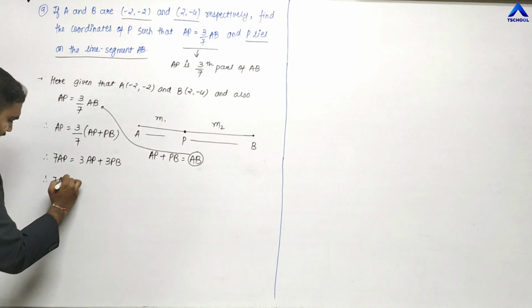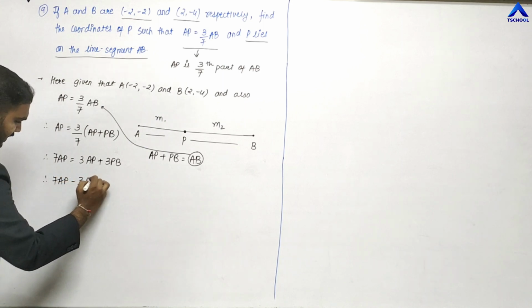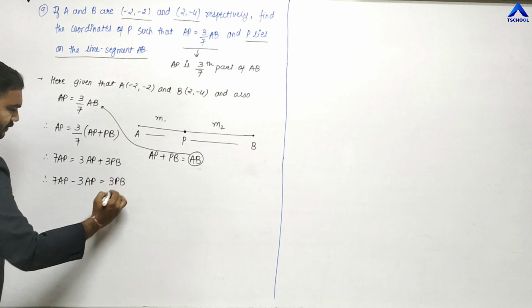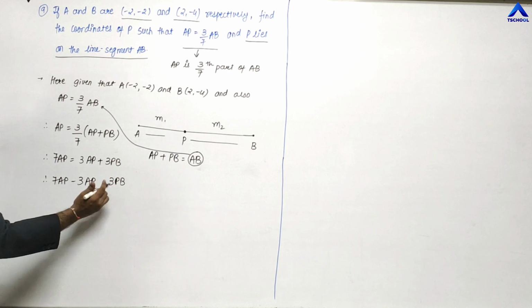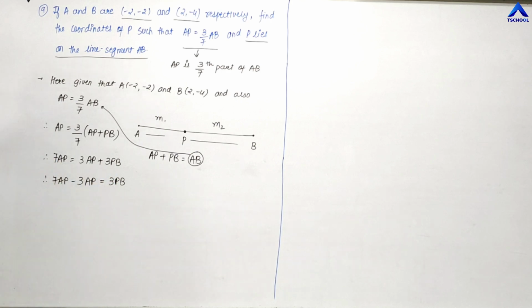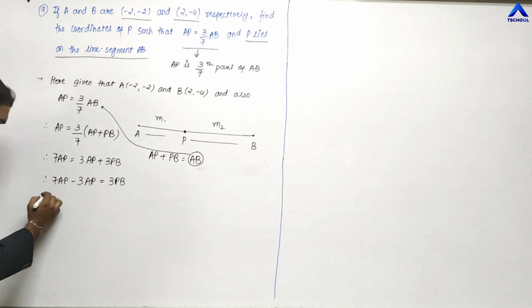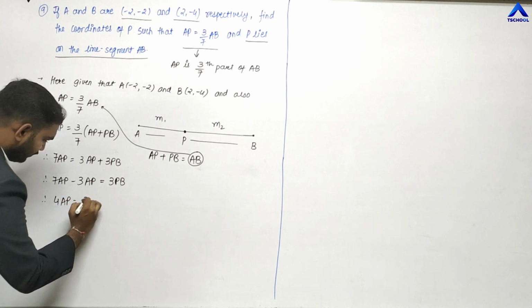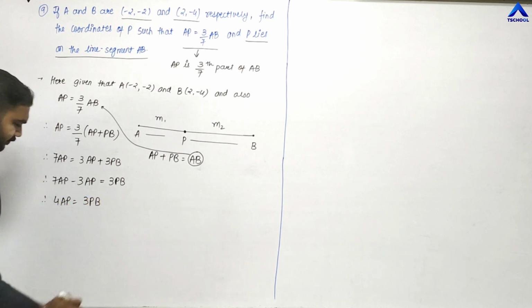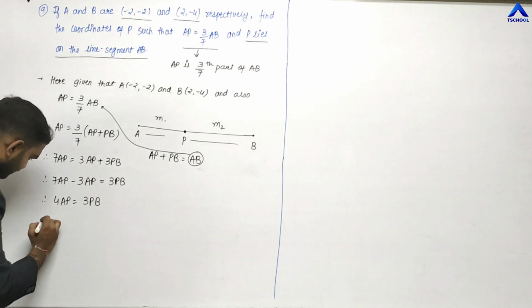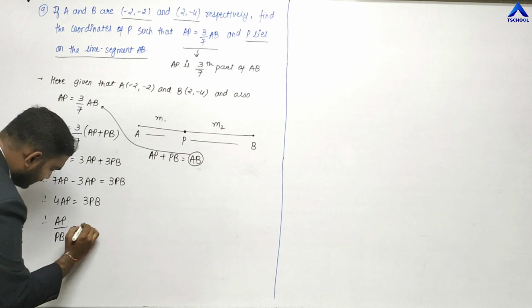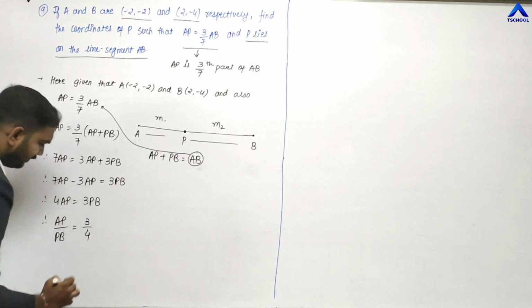Therefore 7AP minus 3AP is equal to 3PB. This 3AP I have taken on the other side, so that has become minus. Therefore 4AP is equal to 3PB, and hence AP upon PB is equal to 3 upon 4.